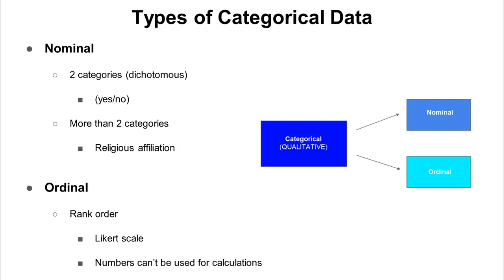The choices are all categorical. They're words. It's either strongly agree or strongly disagree, but there's also a number associated with it. But that number can't really be used for any type of mathematical function, because we know that strongly disagree is not 5 times less than strongly agree.